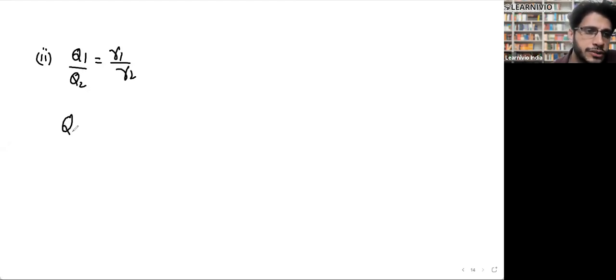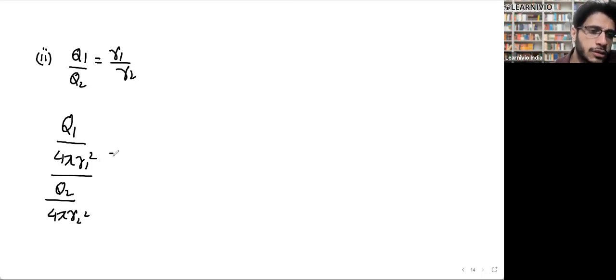So I'm dividing Q1 by 4 pi R1 square, and I'm also dividing Q2 by 4 pi R2 square. The rule of equation: if I'm dividing the left hand side by 4 pi R1 square, then I should also divide the right hand side by 4 pi R1 square.